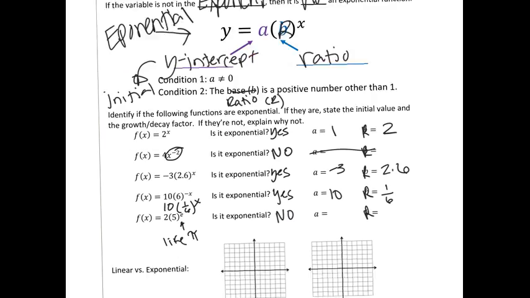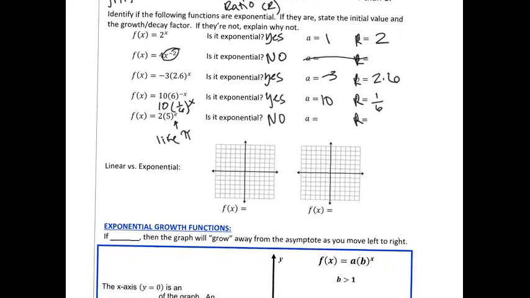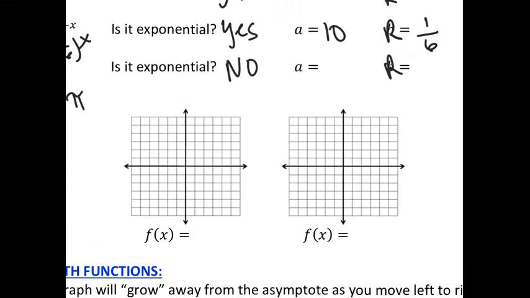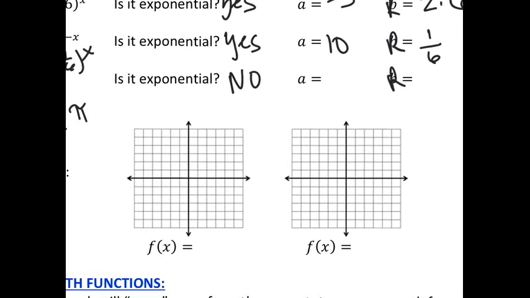All right, let's do some examples. Linear versus exponential. We have two functions: f of x equals 2x plus 2, and f of x equals 2 times 2 to the x power.